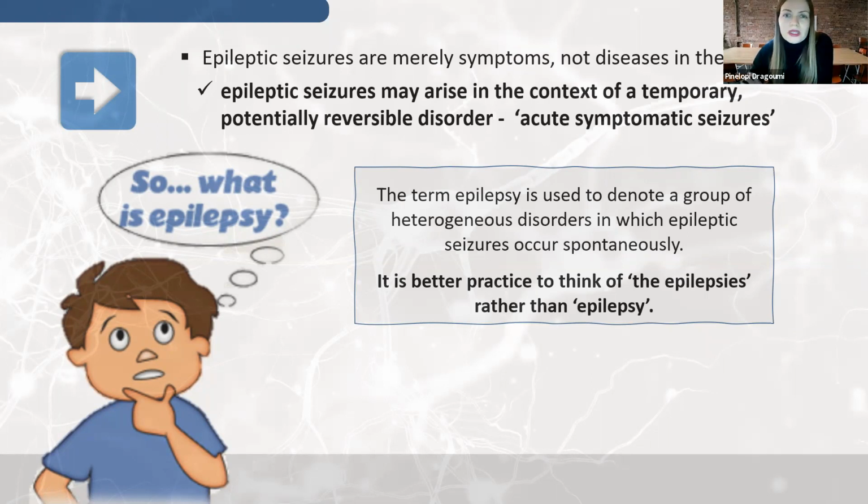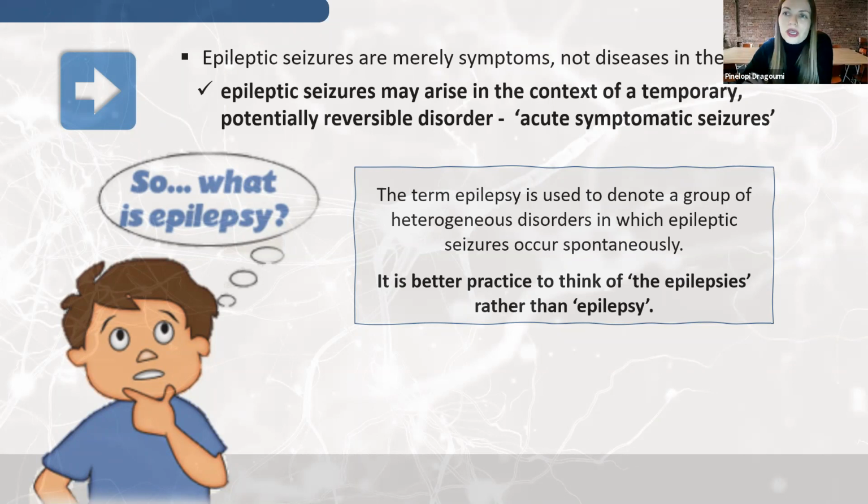When we think of epilepsy, then we think of disorders in which the brain has this predisposition to generate spontaneous seizures. And it is also very widely distributed in forms of etiology and phenomenology.